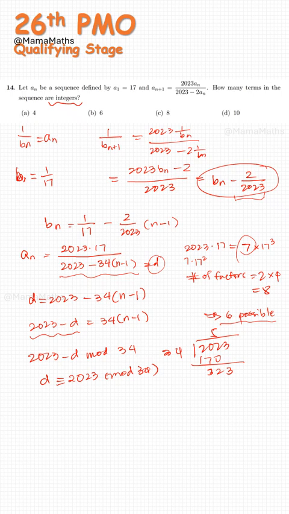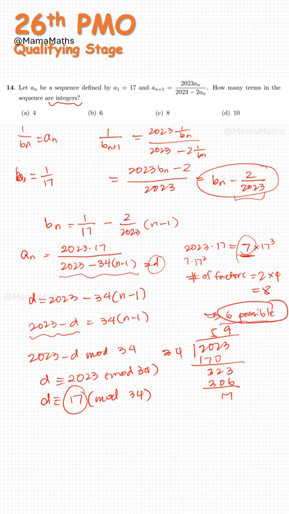So that's 9, right? 9 times 34 is 340 minus 34, that's 306. The remainder is 17. So D should be divisible by 17. So we just remove the 7. So we have 17, 17 squared, 17 cubed, 17 and 7, 17 squared and 7, 17 cubed and 7. So there are 6.